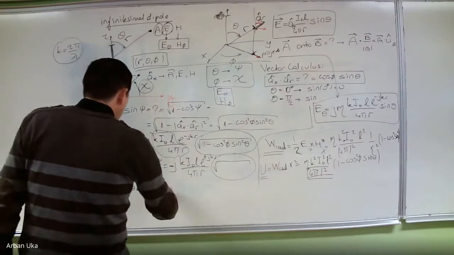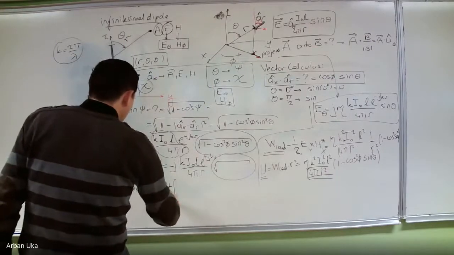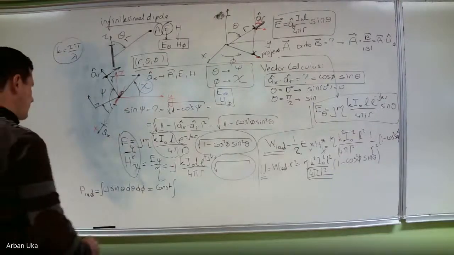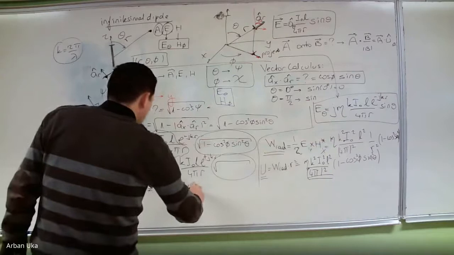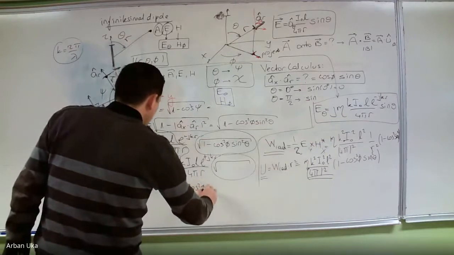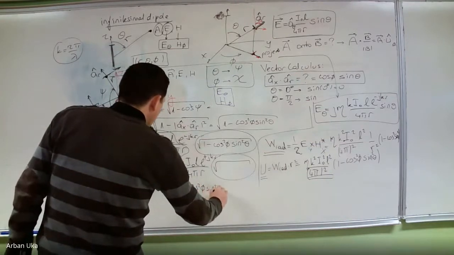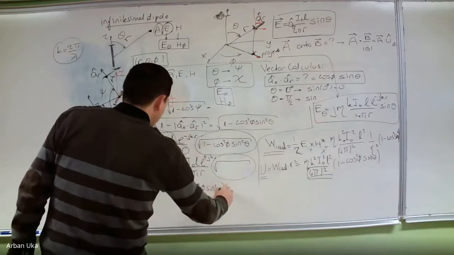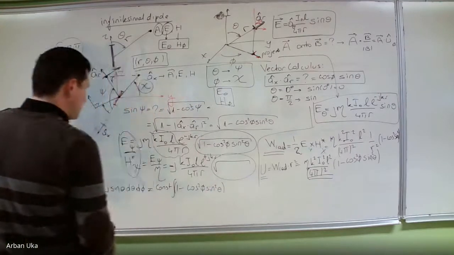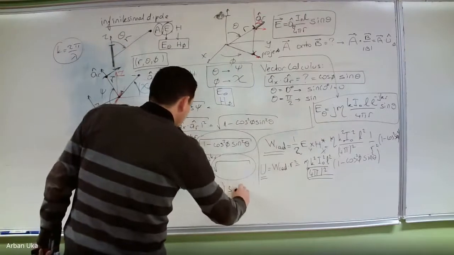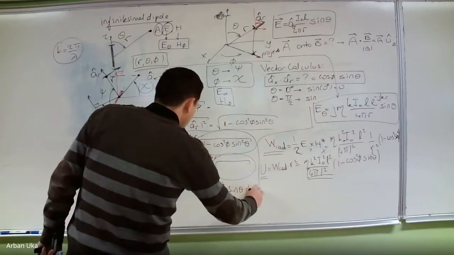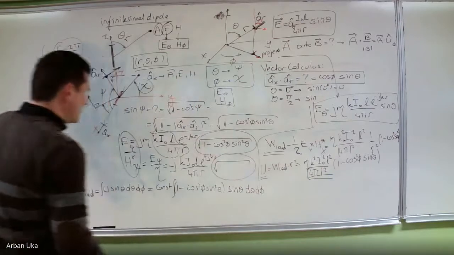You can keep here some constant terms, integrating over 1 minus cosine squared, sine squared theta, sine theta d theta d phi.